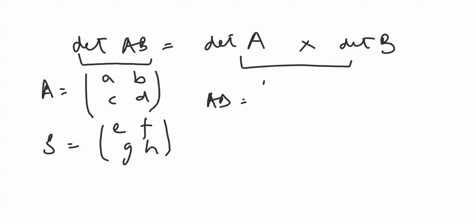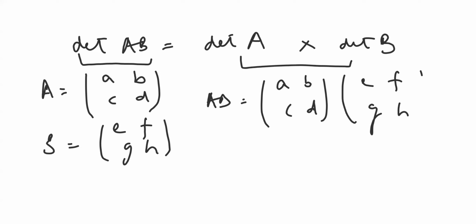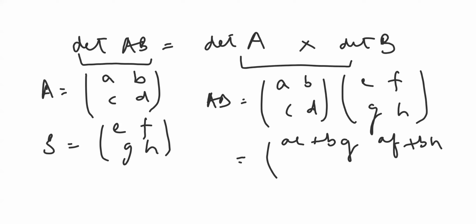A product of AB would be A, B, C, D multiplied with E, F, G, H. And what we end up with is AE plus BG and AF plus BH and CE plus DG and CF plus DH. So this is our product of A and B.